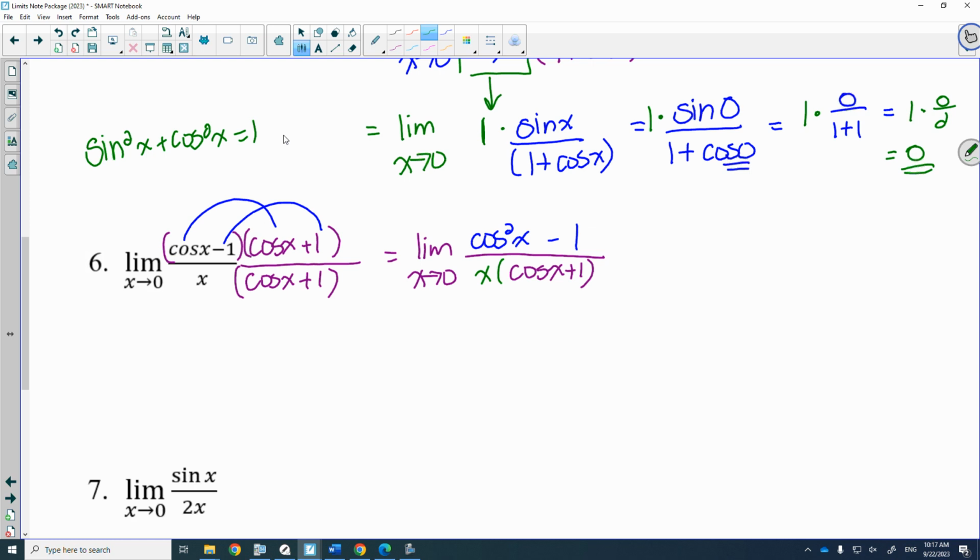So it would be negative sine squared of x. So this is equal to the limit as x approaches 0 of negative sine squared of x all over x times cos of x plus 1.